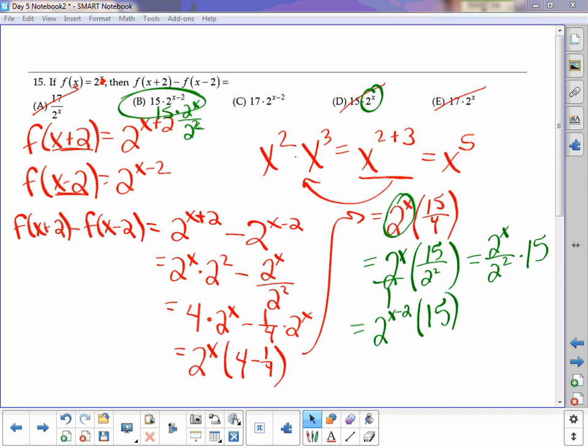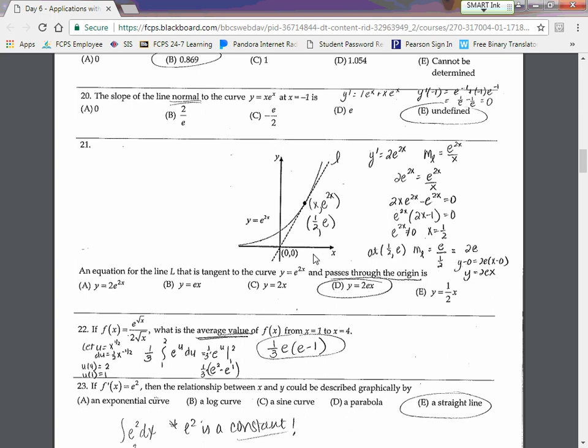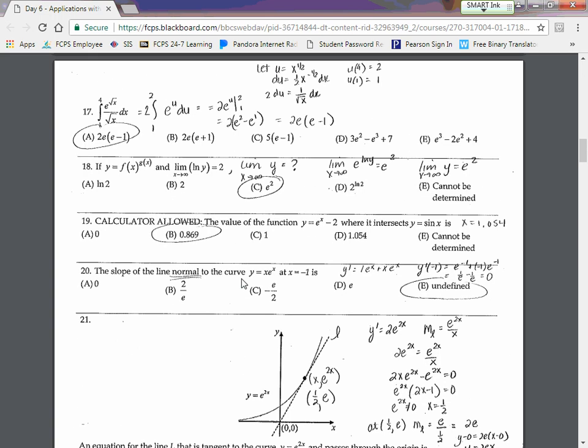So one of our properties with limits is that we can bring the limit into a function as long as it is a continuous function. And we were doing this without even really thinking about it.